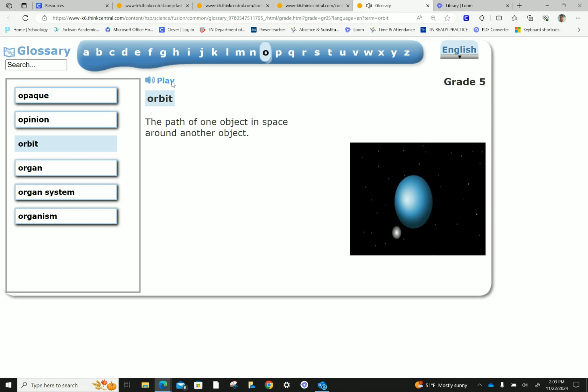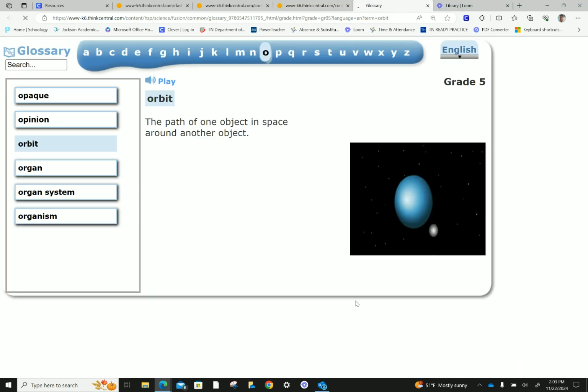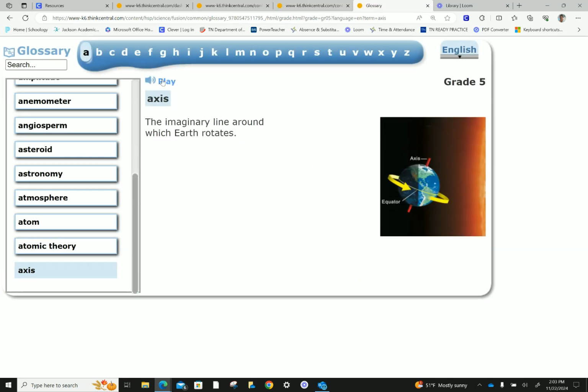Orbit. The path of one object in space around another object. Axis. The imaginary line around which Earth rotates.